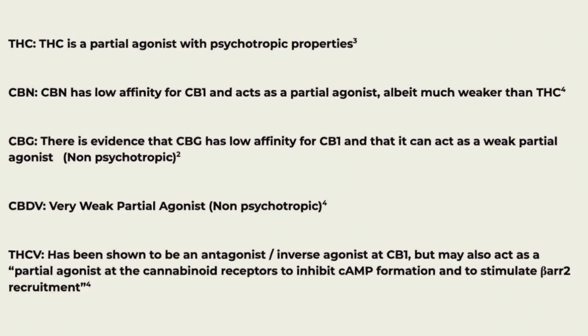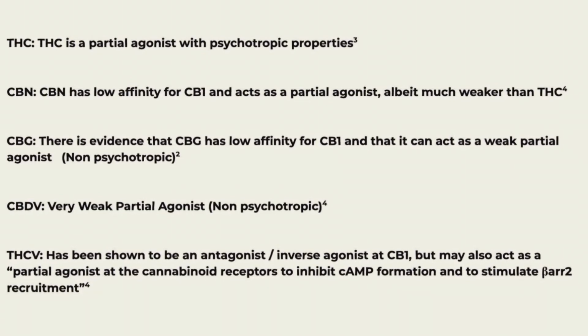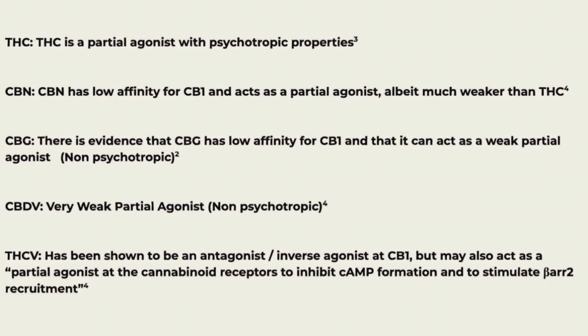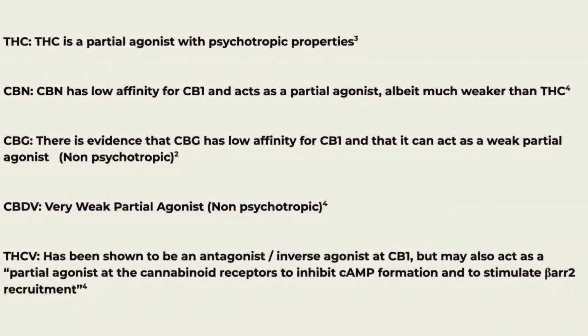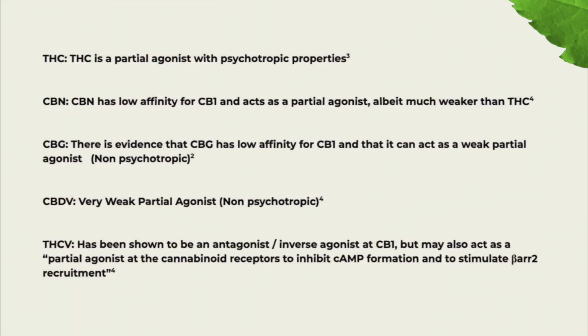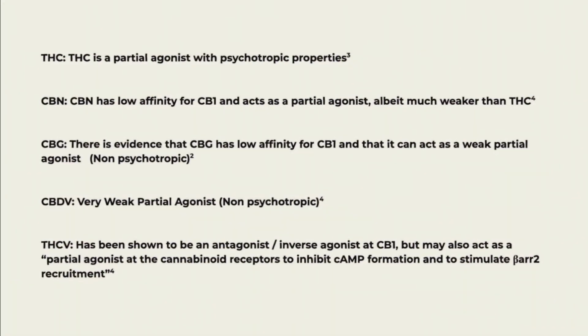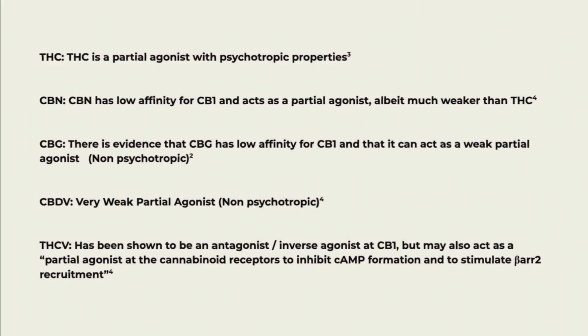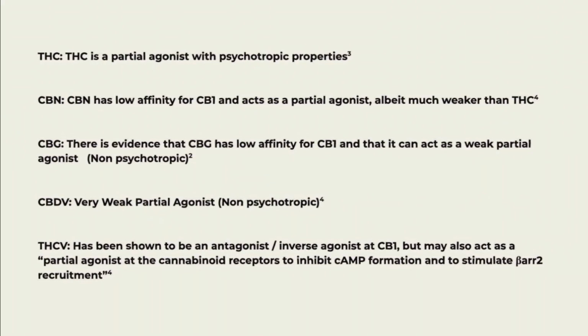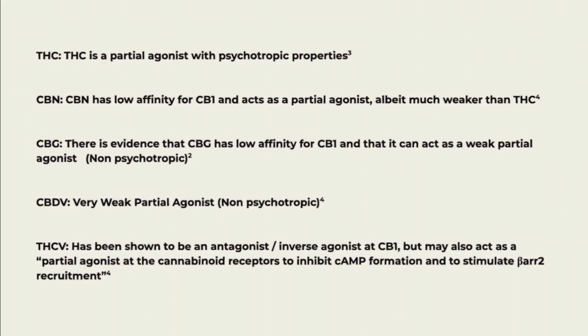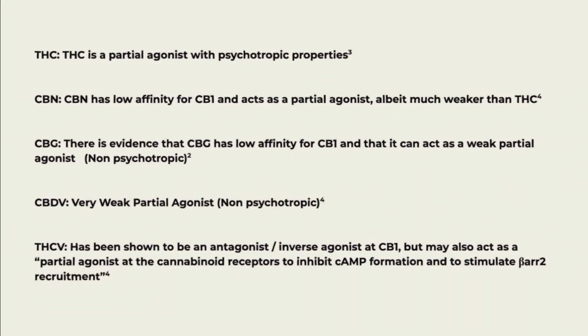This means it does not interact very strongly with the CB1 receptor and may only partially activate it. CBG is non-psychotropic, meaning it does not produce a feeling of being high. This is in line with the weak interaction, and you will see that the rest listed are also non-psychotropic.